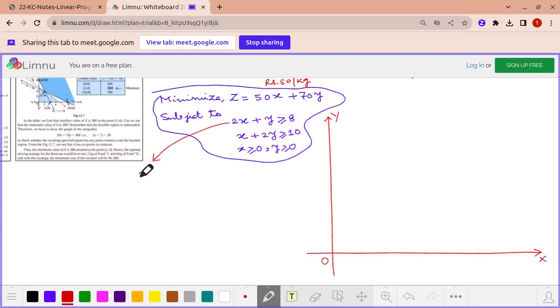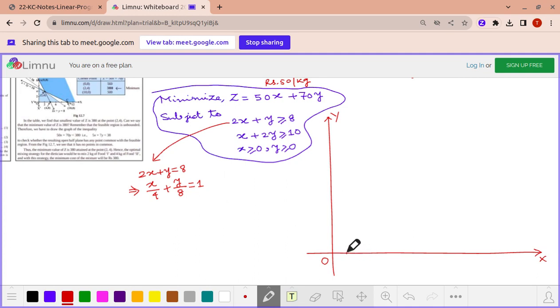It is 2x plus y equal to 8, and I always prefer that you represent that straight line in the intercept form. That means it is x by 4 plus y by 8 equal to 1. So, what you will do?